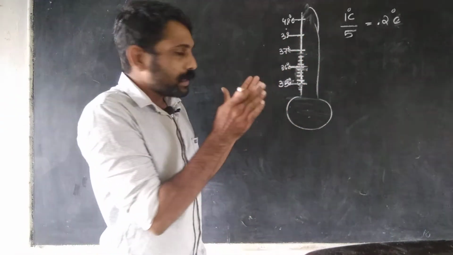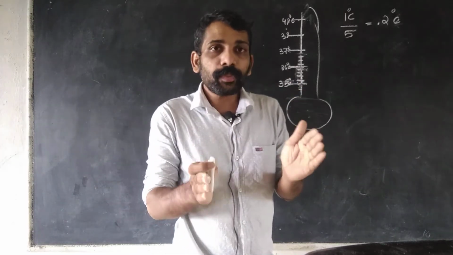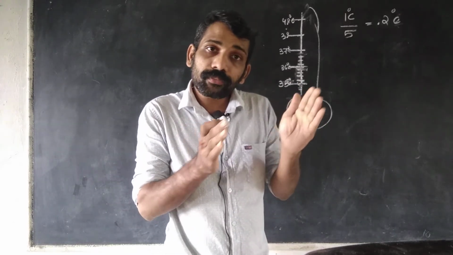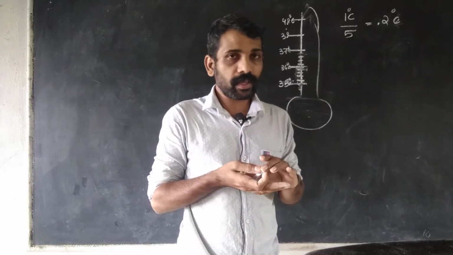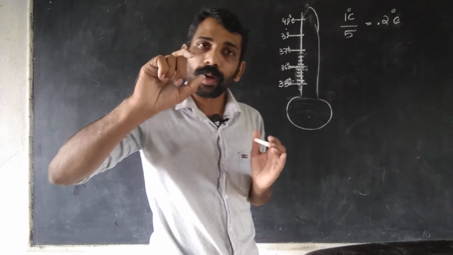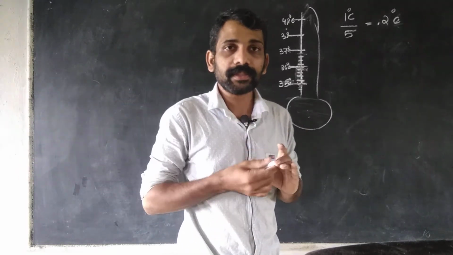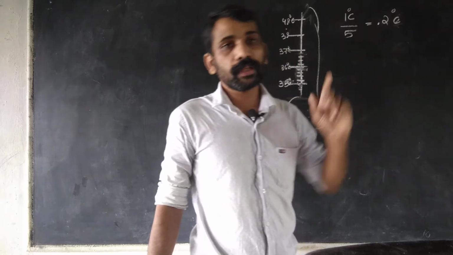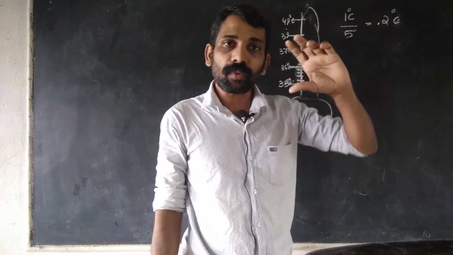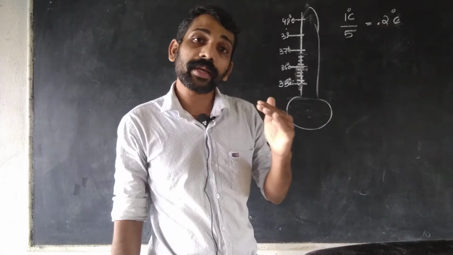So between each two nearest bigger marks there will be 5 equal parts. The value of one part is 0.2 degrees Celsius, because 1 degree Celsius is divided into 5 parts.